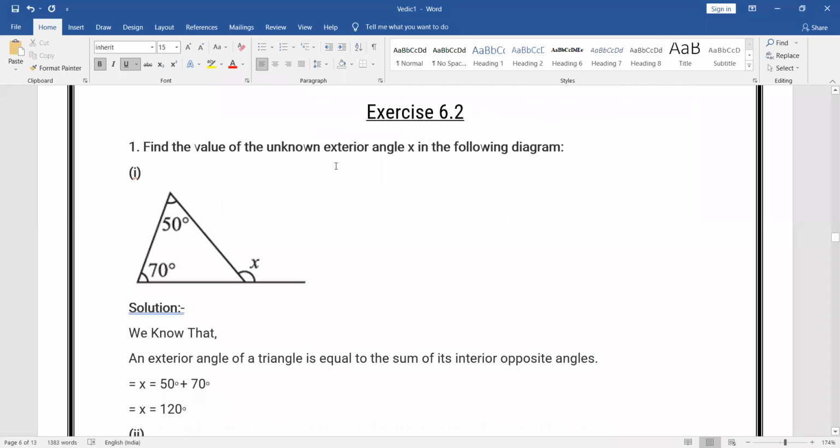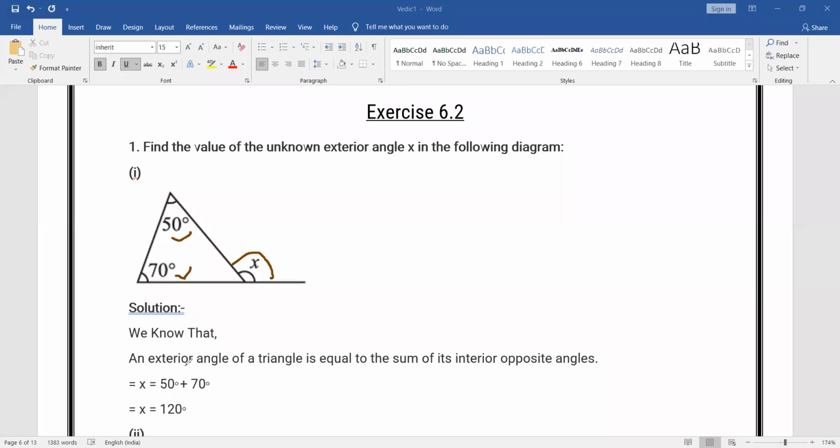Here it is given to us. You need to find the unknown exterior angle. The diagram is given to you, so just see the diagram. In this given diagram, this x is the exterior angle. This exterior angle x, as per the property, is equal to the sum of the two opposite interior angles.